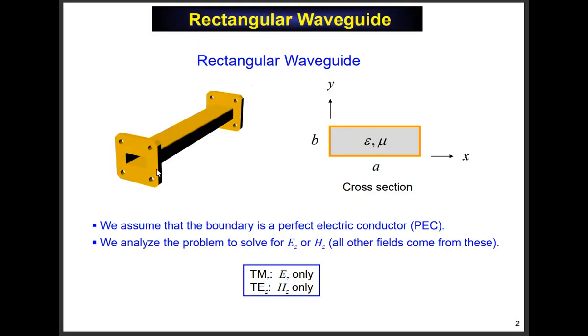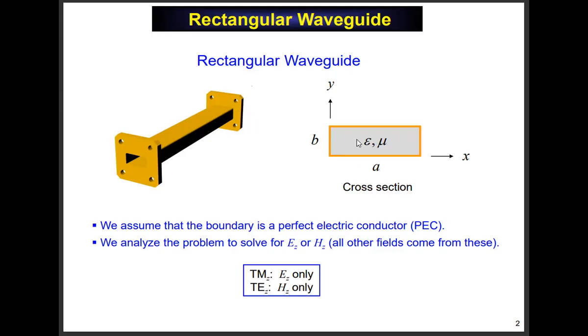Just like with the transmission line, the reason why you would want to assume a real conductivity of the metal is if you want to calculate alpha and get the dB per meter loss. That's what's done in the microwave engineering class. We're not going to do it here. But for just calculating the fields and things like the cutoff frequency, we don't have to worry about that. So I'm just going to assume it's a perfect conducting pipe.